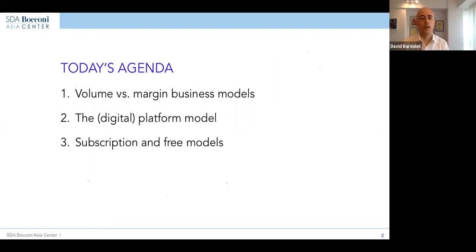And then in the second and third points, we'll talk about some features, some particular characteristics of current digital business models, right? So what digitalization has done is not completely change the way we understand strategy or the way we understand the business model of a company, but it has added things, it has added possibilities, right?